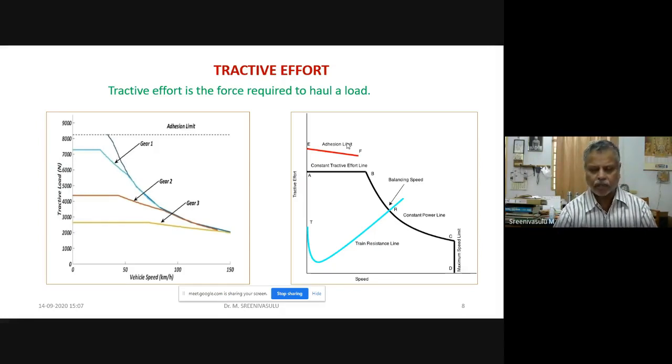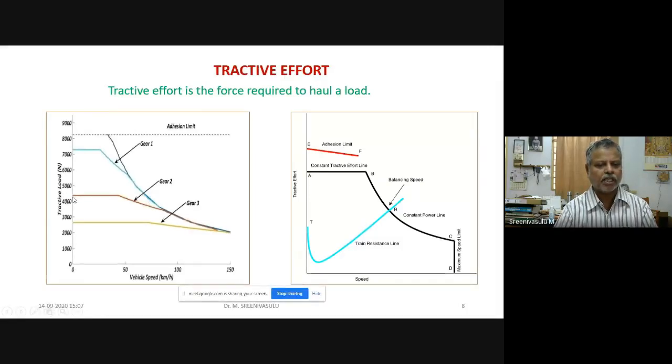When we talk about gear 1, you can see here the tractive load is about 7,200 or so newtons. It means gear 1 can handle such a high torque load. When you consider gear 2, that is going to handle only 4,250 newtons or so.